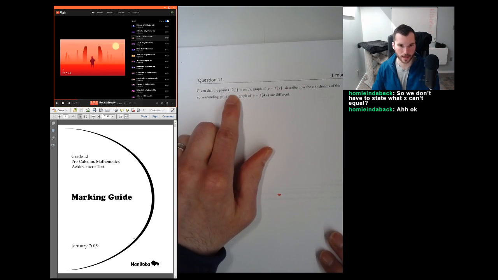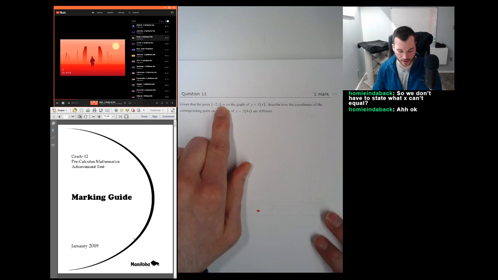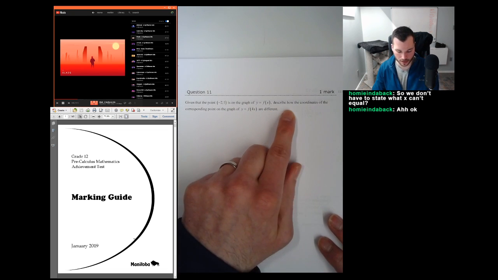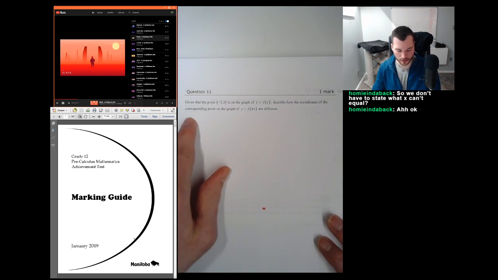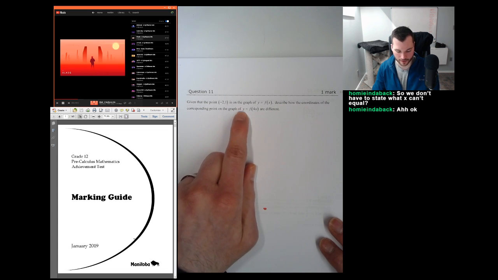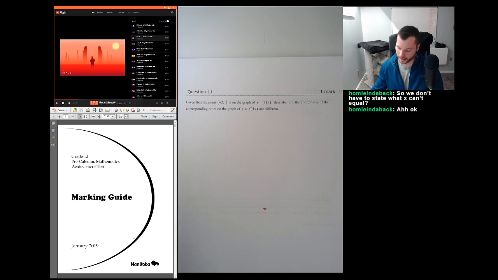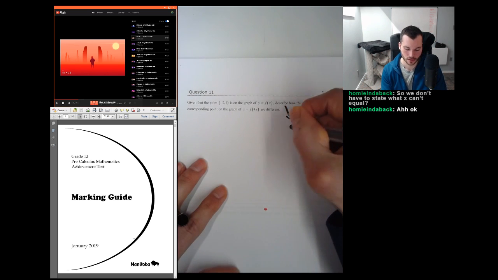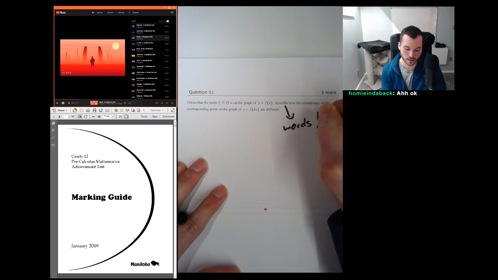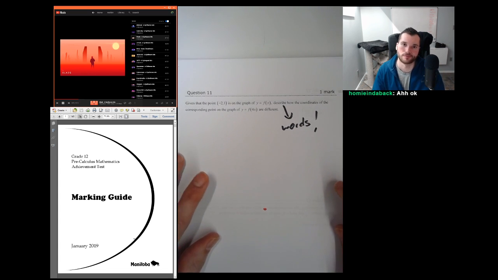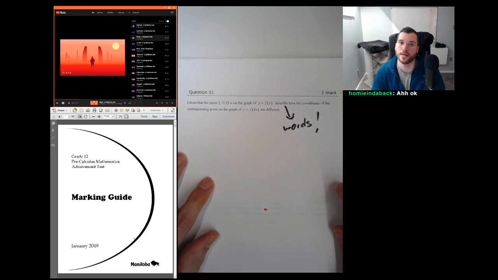Given the point (-2, 1) is on the graph of y equals f(x), describe how the coordinates of the corresponding point on the graph of y equals f(4x) are different. Hey, describe. Gotta be with words. Words, damn it. Okay, can't do it with math. Don't answer this question in terms of it's this point.